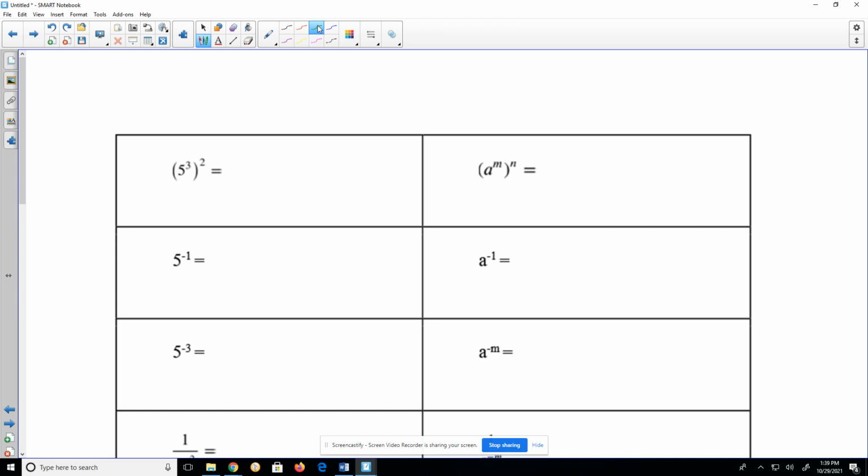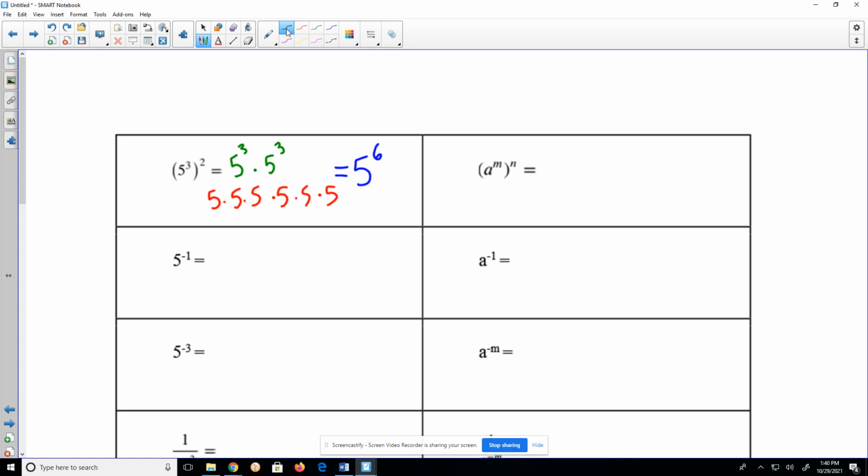Now a power to a power. So what this really is, 5 to the third squared. 5 to the third times itself, right? So 5 to the third times itself is really just 5 times 5 times 5 times another 5 times 5 times 5, giving us 6 fives.